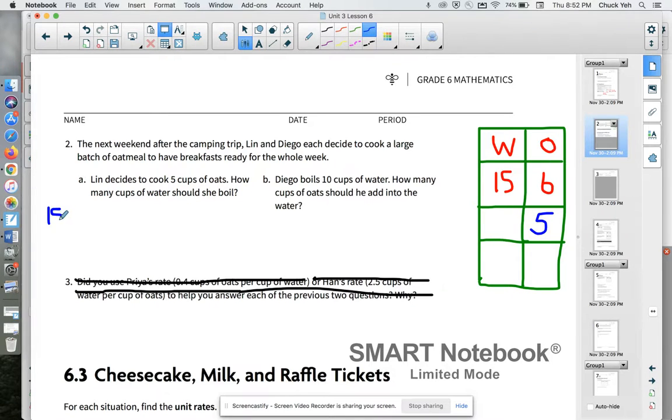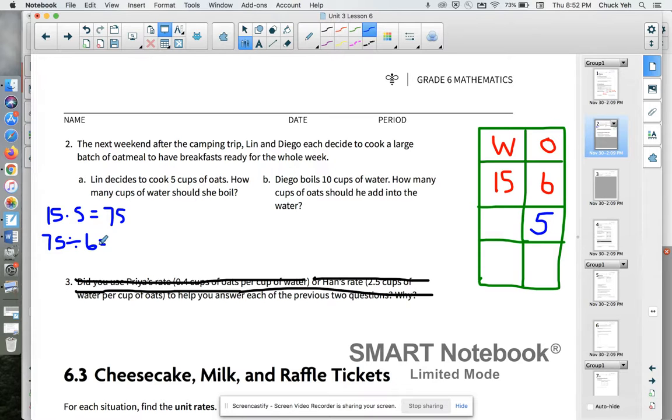15 times 5 is 75. And then 75 divided by 6. Let me do this on the calculator really quick.